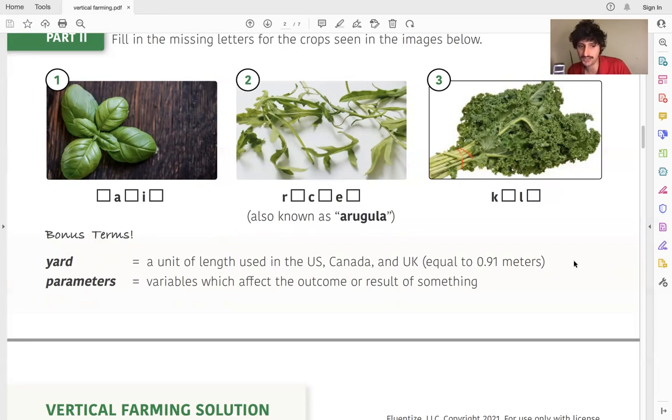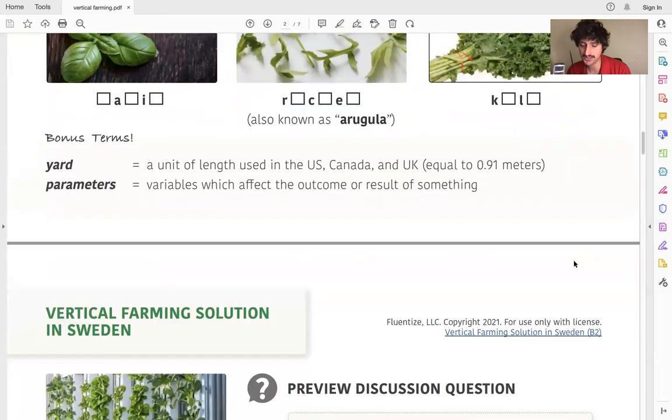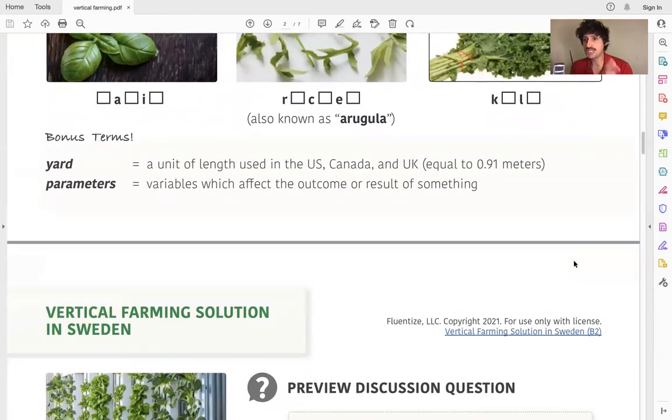Okay, and parameters are the variables which affect the outcome or result of something. The parameters. Okay, so variables, things that change. Okay, so for example, you have the parameters of, let's say, of a computer program. It means, okay, so how does this work? Let's talk about for example, the CPU.